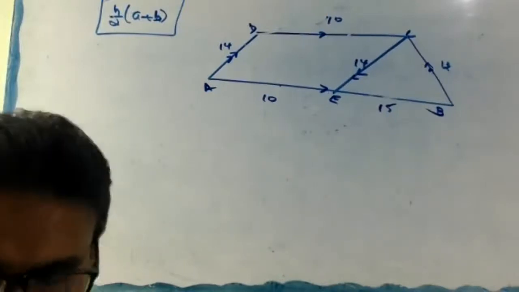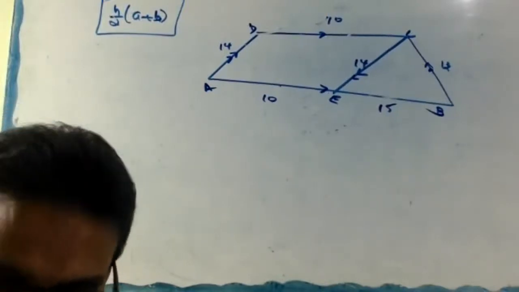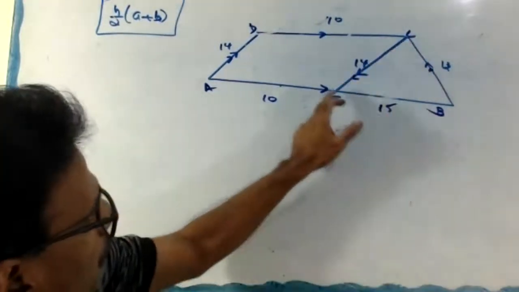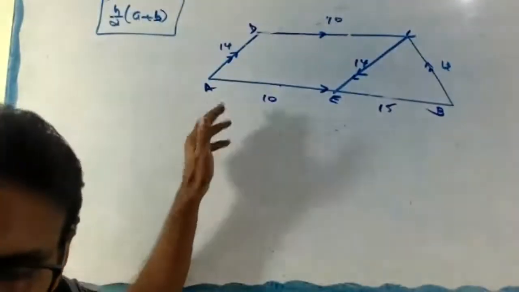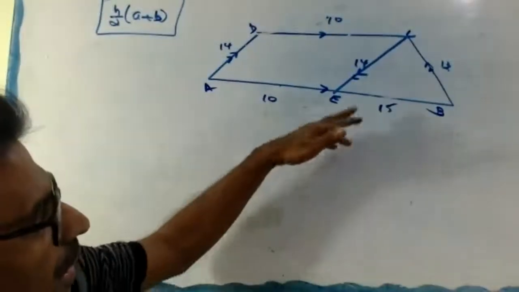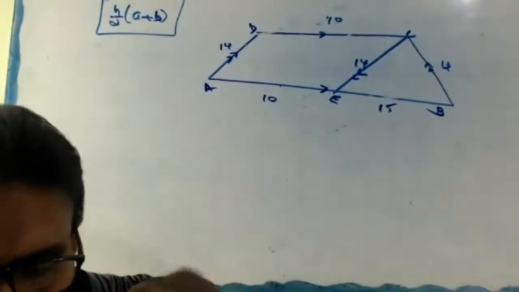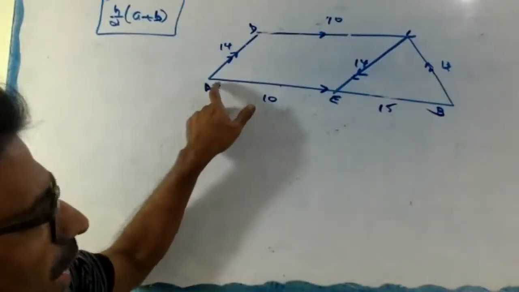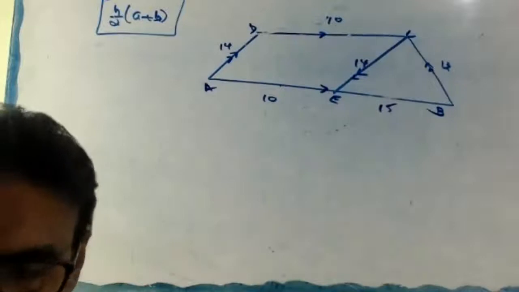Only missing is H. To find that, through C we draw a line parallel to DA, that is CE. I'll give the note, so don't write anything. Then AECD is a parallelogram.